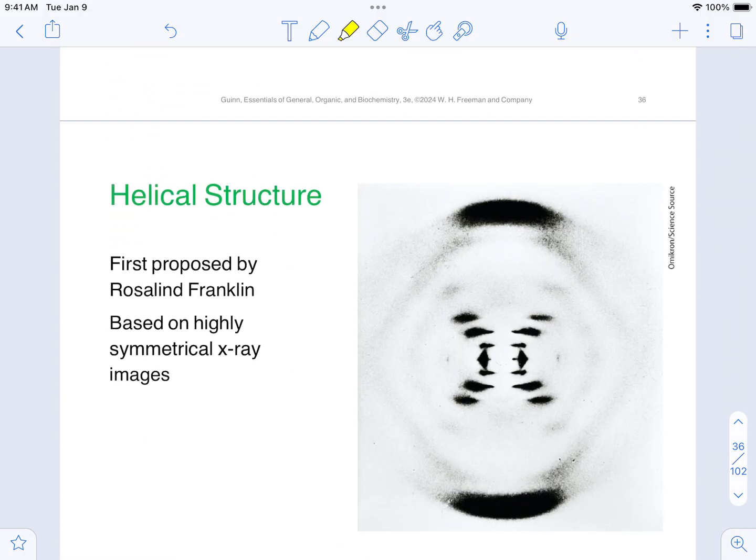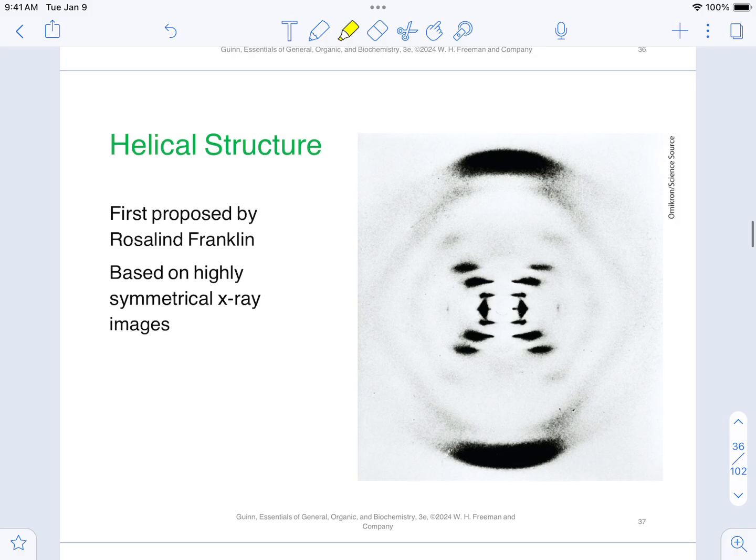So Rosalind Franklin, who didn't win that Nobel Prize, hypothesized by looking at this X-ray that she saw a lot of symmetry in it, as you can see here, and she hypothesized this helical structure of DNA, and it turns out that she was correct.